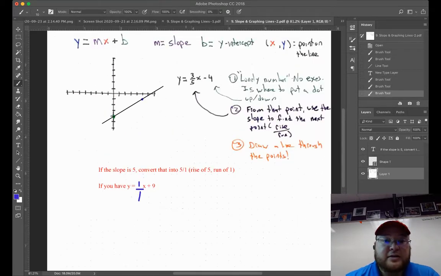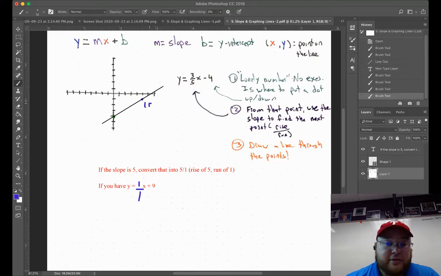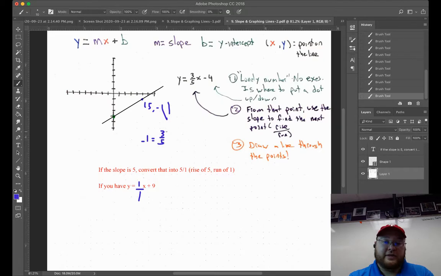The other thing, when I say x and y represent a point on that line, let's look at this point. 1, 2, 3, 4, 5, negative 1, right? 5, negative 1. What that means is, if you plugged in these points, negative 1 equals 3 over 5, and then the x, which was a 5, minus 4.